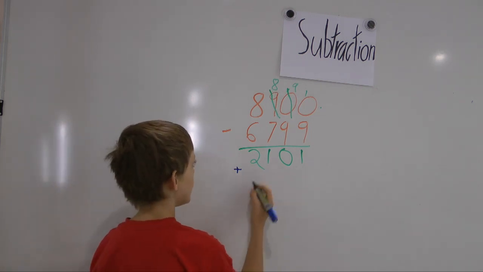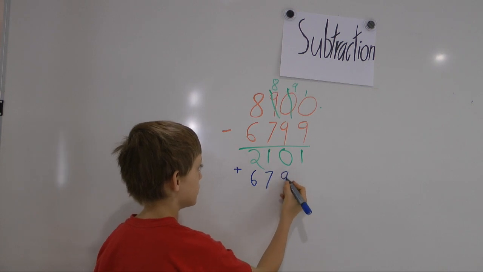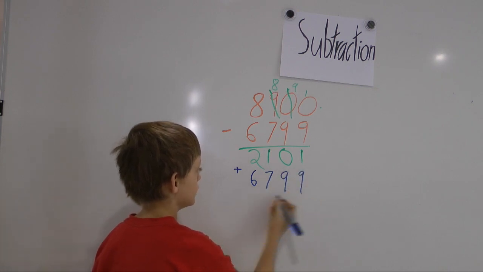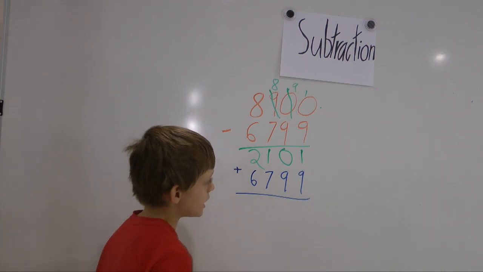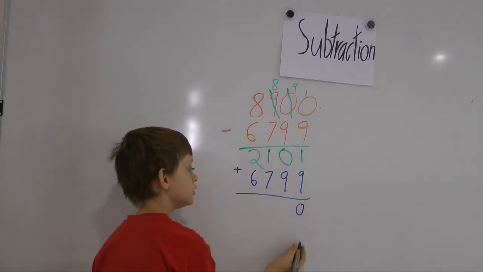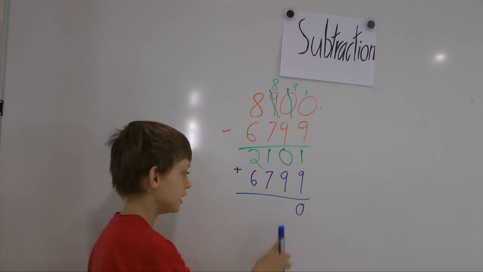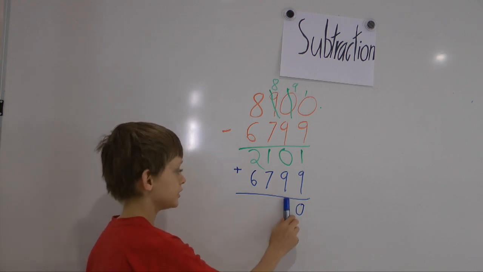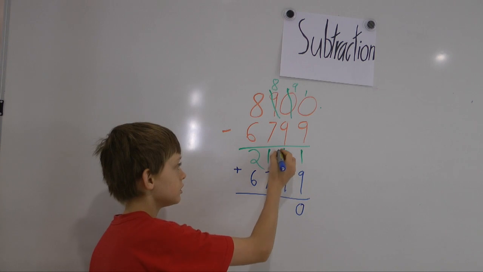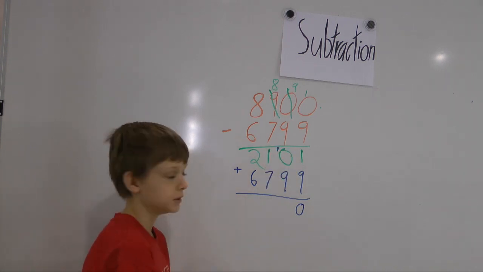2,101 plus 6,799. Now I do 9 plus 1 is 10. Since you can only put one digit in a column, and this is the ones column, you put the tens in the next column, which is tens.